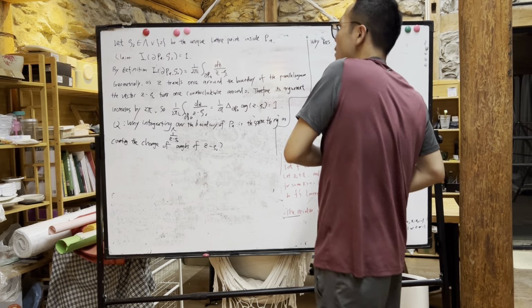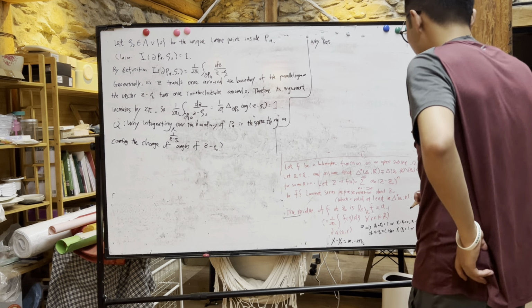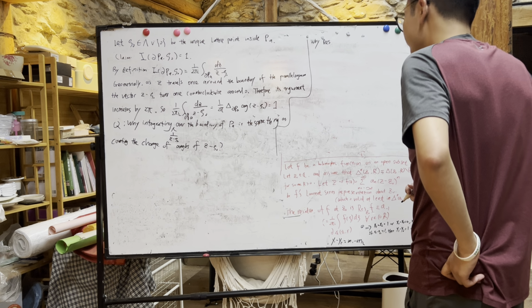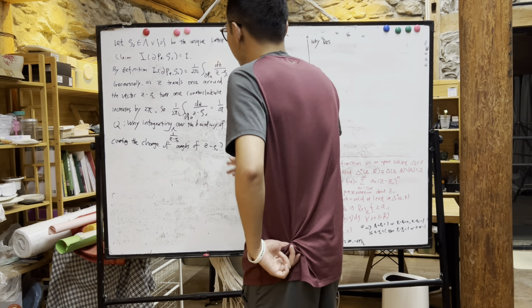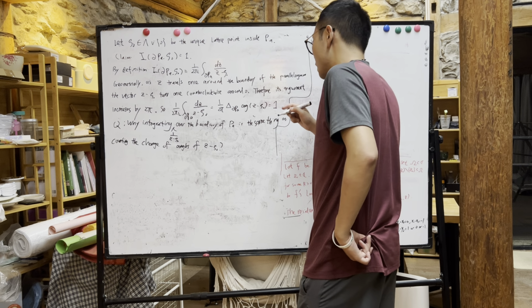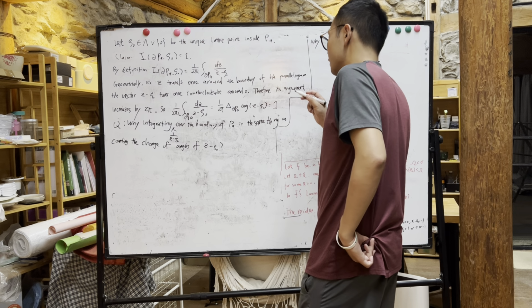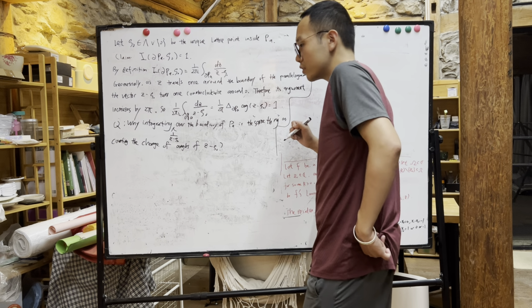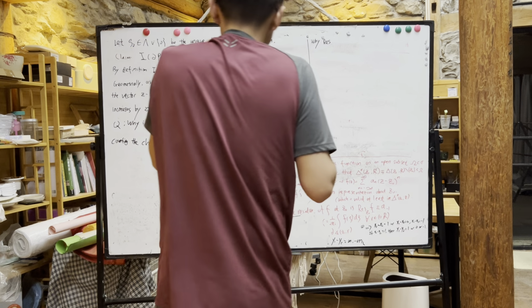Because the residue theorem says that the integral that we want to calculate, 1 over 2 pi i, the integral over the boundary of the parallelogram of zeta z dz, right, is equal to 1, right?